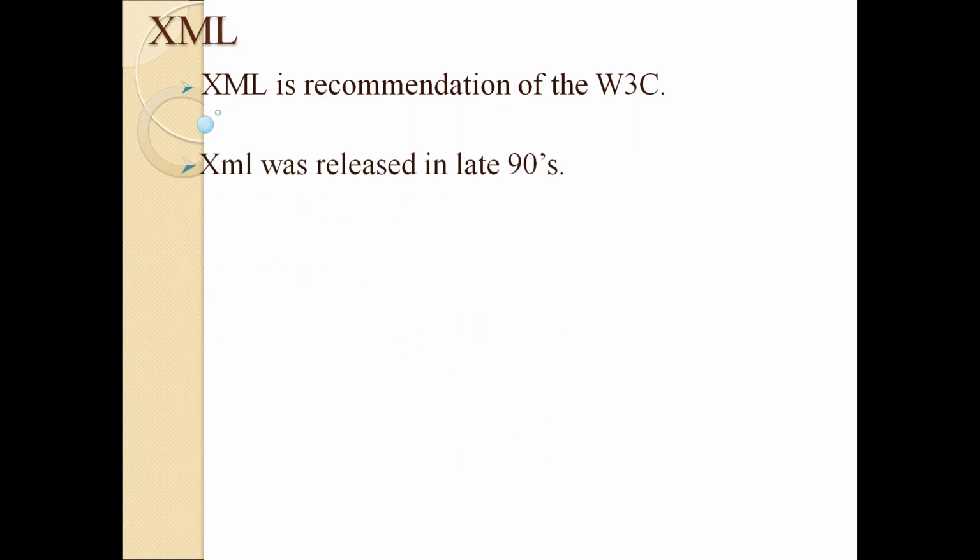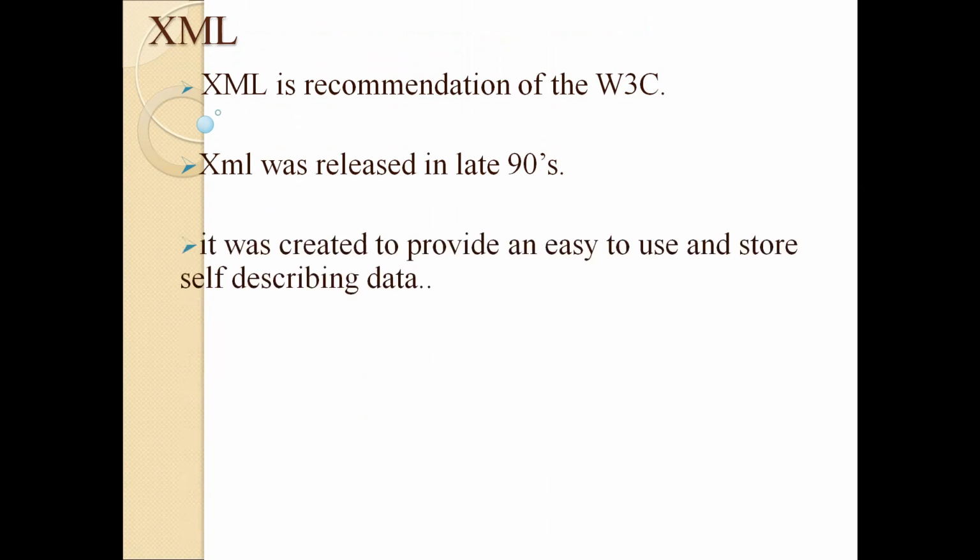Next one. This was the year when XML was released. XML was released in the late 90s, and the reason for creating it is that it was created to provide an easy way to use and store self-describing data.